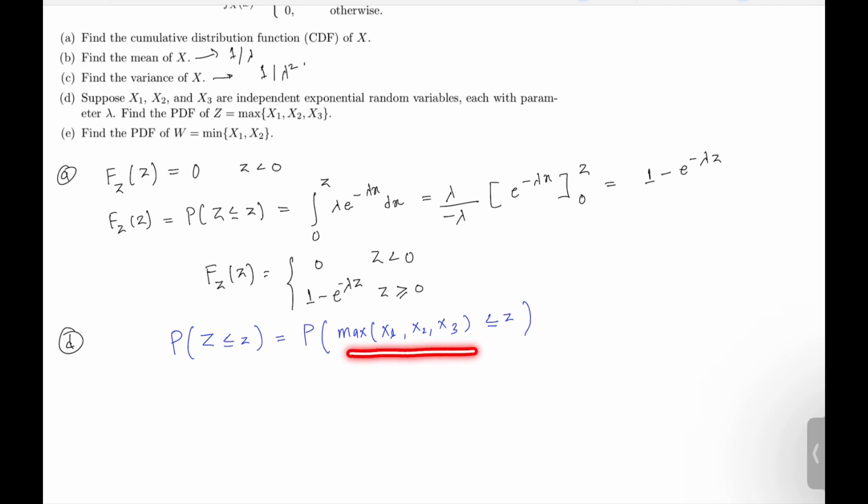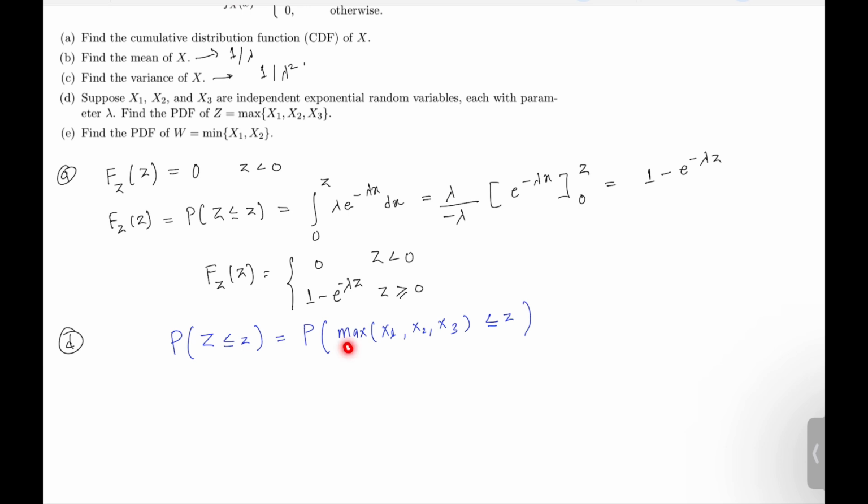First of all, let's look at this expression, that the max of these three is less than z. What does it mean? If the max is less than or equal to z, can I say that each of X1, X2, X3 will also be less than or equal to z?